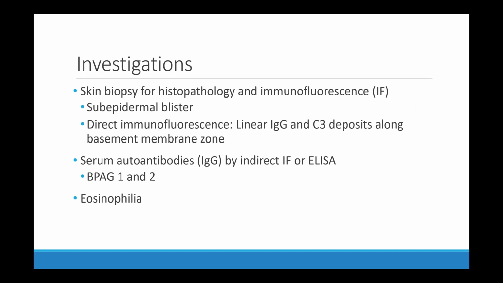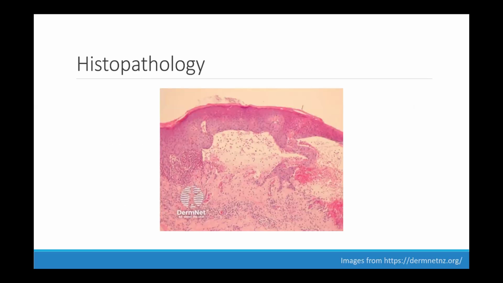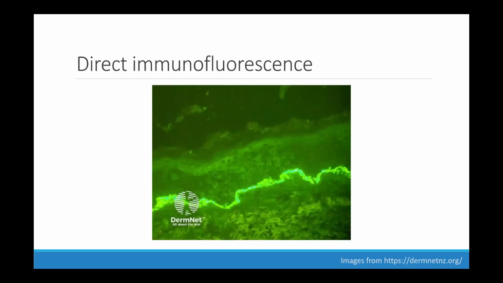And these are your BPAG1 and 2. Full blood count will also indicate the presence of eosinophilia. So this is a subepidermal bulla, seen on histopathology. And you can appreciate on direct immunofluorescence linear deposition of IgG and C3 along the basement membrane zone.